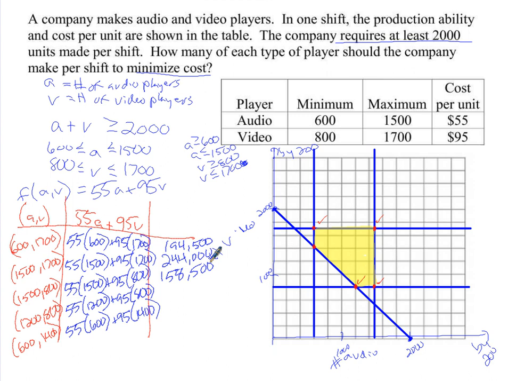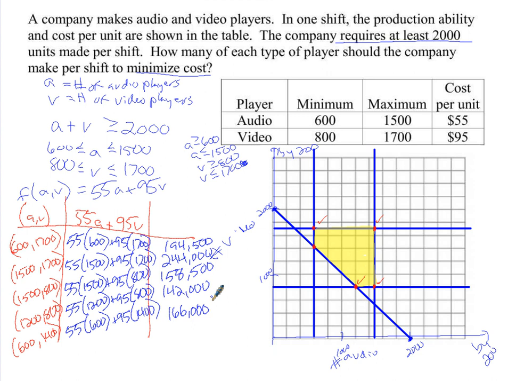And the next one? 142,000. And the last one? $166,000. All right, so now all of our values are calculated.